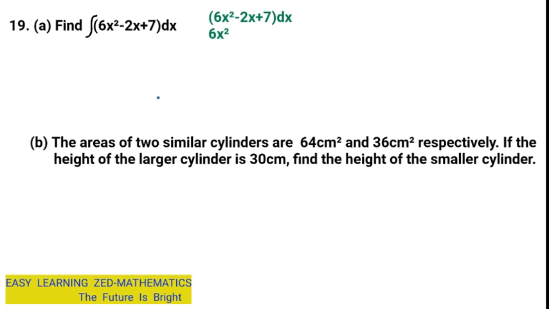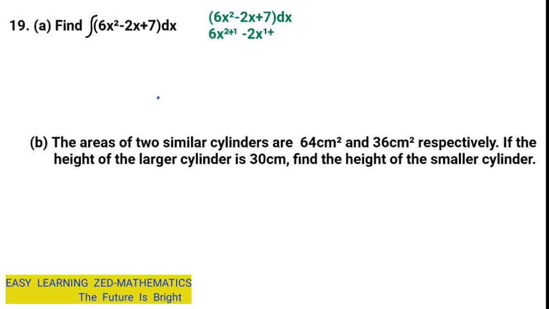So I'm going to write 6x squared, then I'm going to add 1 to the power, then minus 2x. As you can see, a number without a power is taken as raised to the power of 1. So I'm going to write 2x raised to the power of 1, then plus 1.